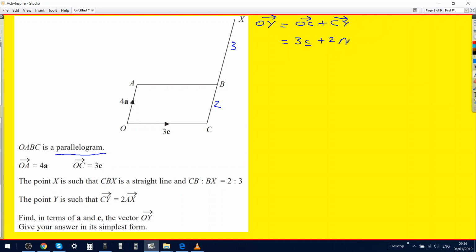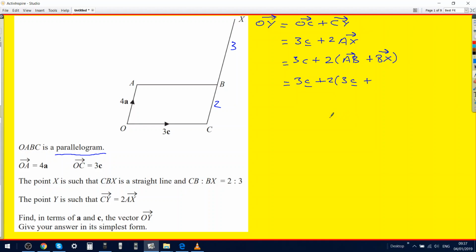Yeah, so that's 2A to X. Okay, so now we need A to X. Yeah, so A to B and then B to X, and A to B is 3C as well. Okay, what about B to X?